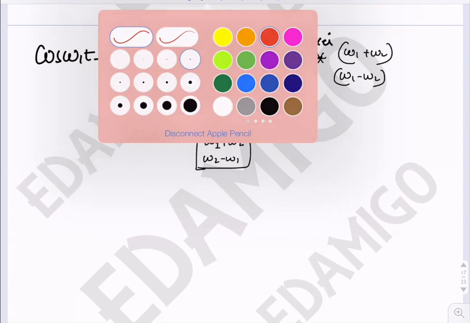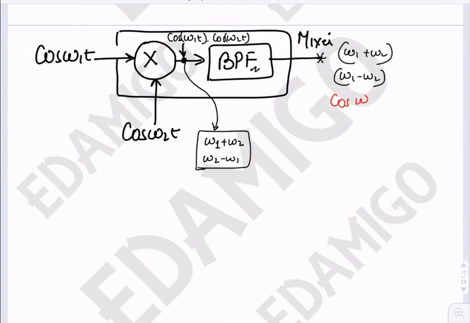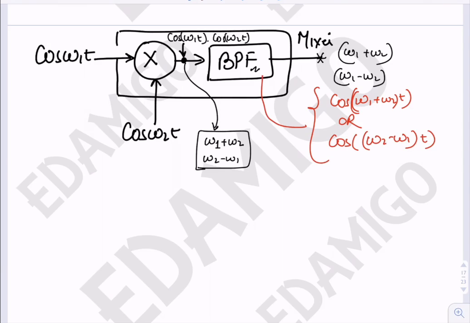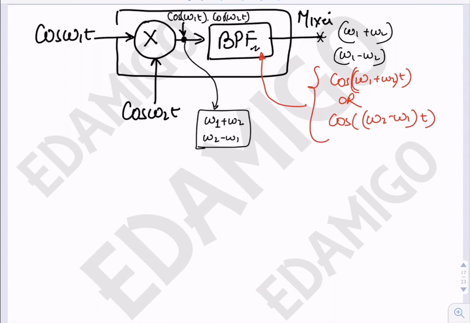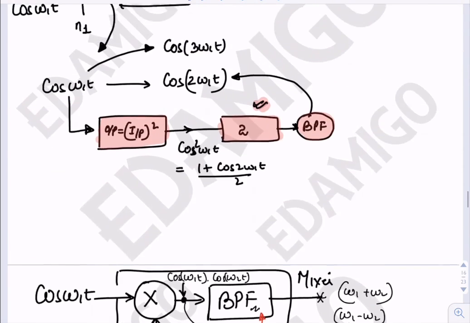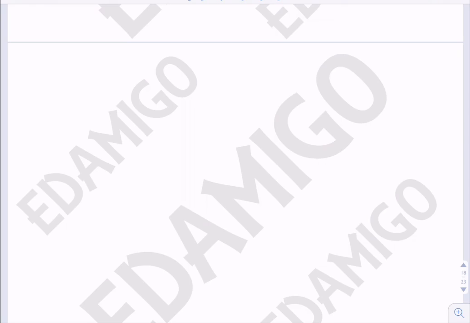So we can say that the output will be cos of (omega 1 plus omega 2) into t, or cos of (omega 2 minus omega 1) into t. It will depend on the band pass filter. Now since the mixer and frequency multiplier are clear, we can easily solve this question.